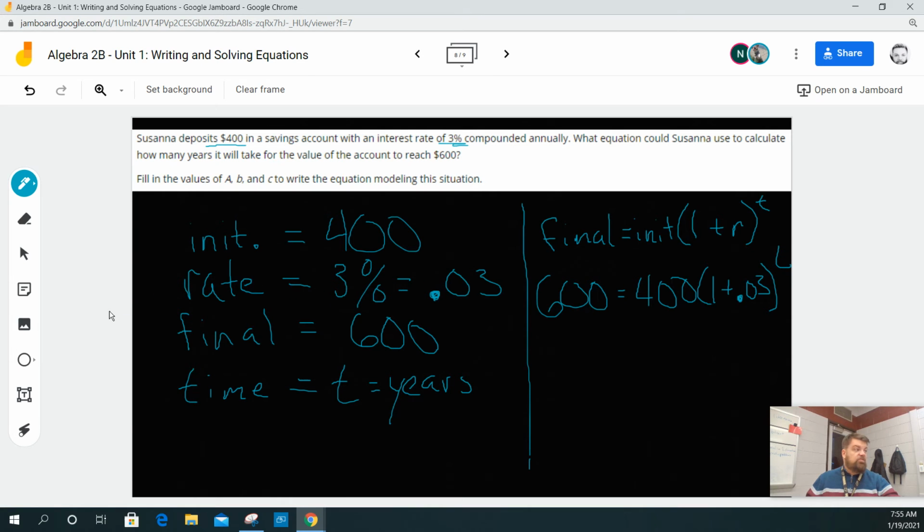And I've got to be careful because they want x to represent the years. I know t is a very common thing to use for time, but in this particular case, does it say use t? No, it says x years.